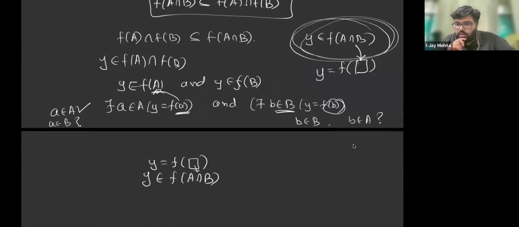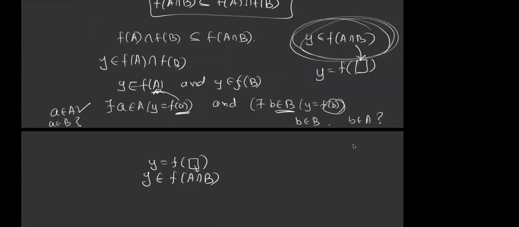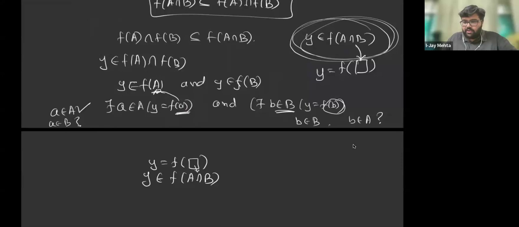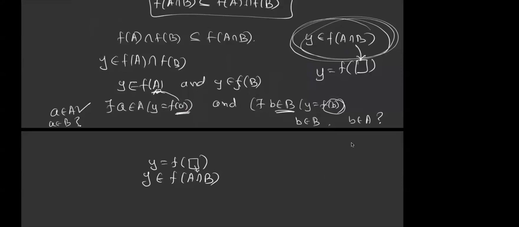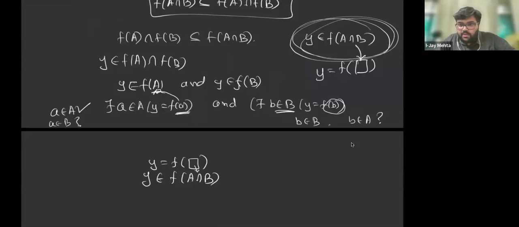Ayush? x square. Yes, x square, but I don't know X and Y. I'm not giving R to R. Any function, just two non-empty sets X and Y. Can you give a function? Swati? Identity, R to R. Identity, we need domain and codomain to be the same.